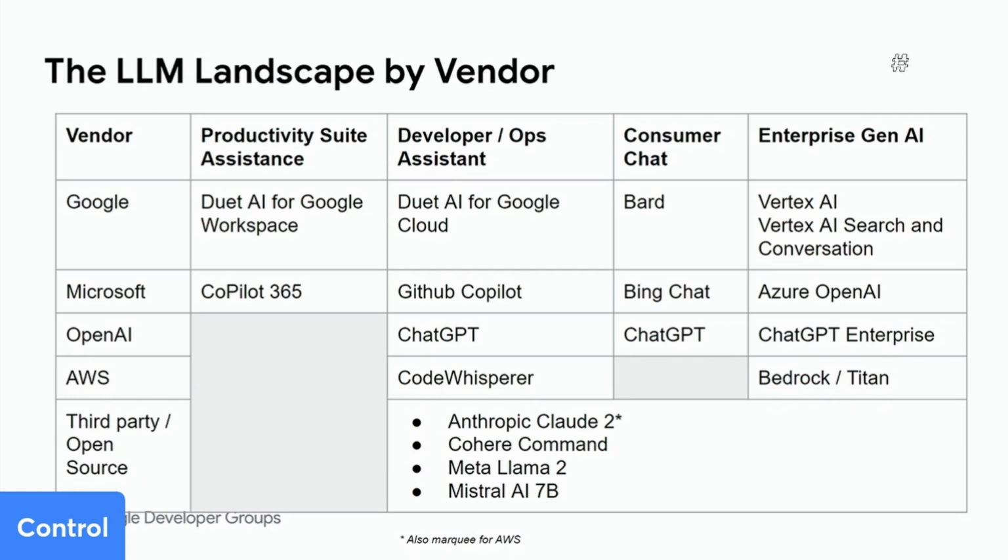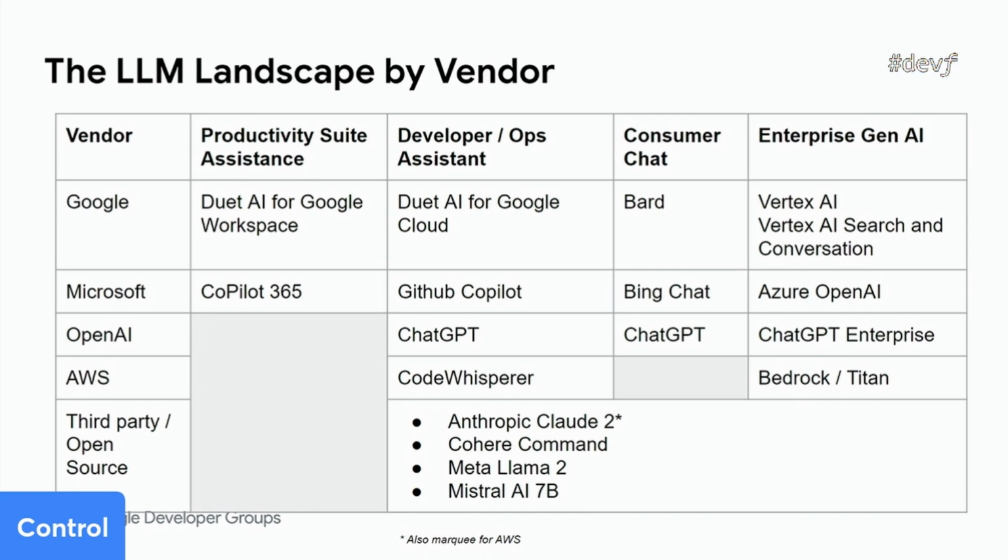So there's the idea of a productivity suite assistance. So Duet AI for Google Workspace and Copilot 365 are two examples of that. So if you're doing word processing, working in a spreadsheet, getting generative AI help for that. Help for developers, Duet AI in Google Cloud, GitHub Copilot are examples of that, turning text into code into explanations. Consumer chat, so Bard's an example of that.